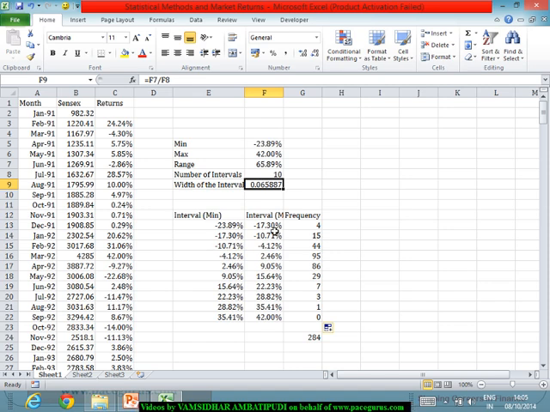If I'm going ahead with that kind of a process, it is clear that there are 284, or probably here greater than or equal to this much and less than or equal to this.